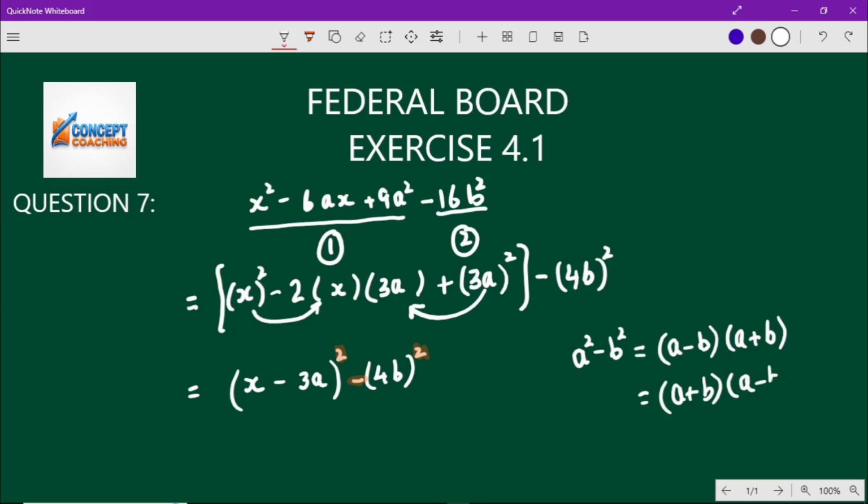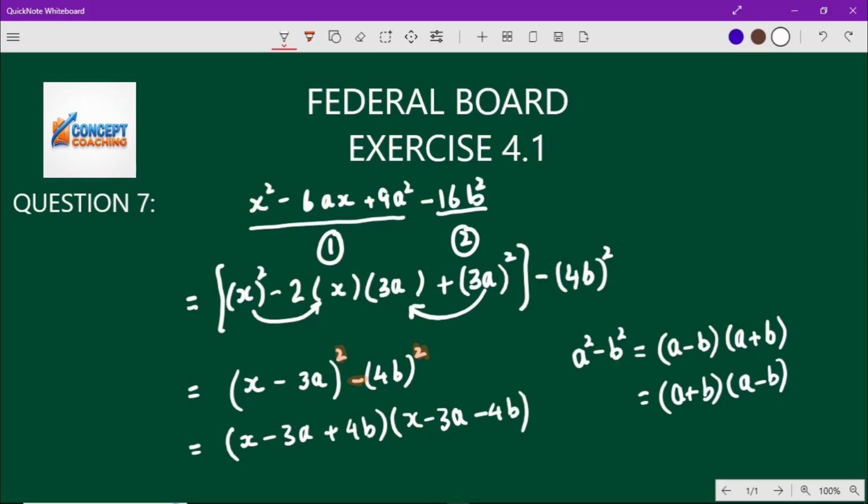So this is the formula, and we apply this formula over here. So we just take the values which are inside the bracket, that is x minus 3a, x minus 3a, and plus 4b, and then we have x, we write x minus 3a, the first term, and minus 4b, the second term.